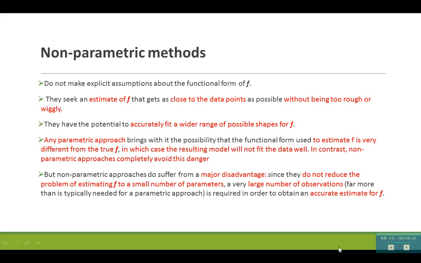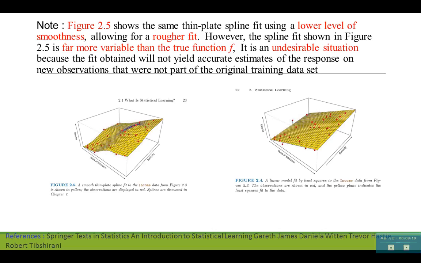That is the major disadvantage of the non-parametric method. Same figure: here is a lower level of smoothness, and this is the fully smooth figure, and this is our undesirable figure because of poor estimation.